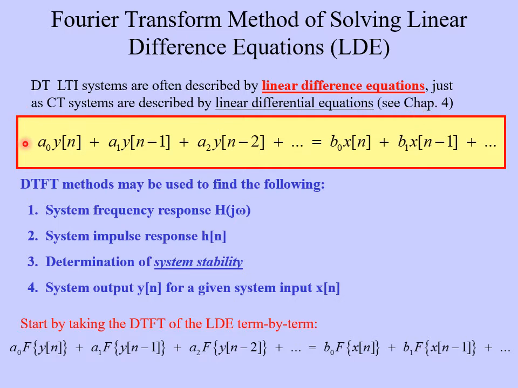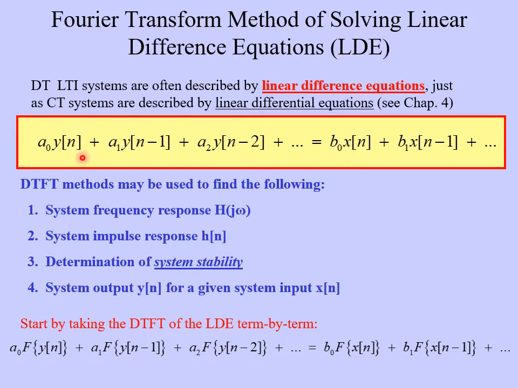So here's an example, a general form of a linear difference equation. We've got all the y terms over here on the left, and on the right side are the x terms. Now remember, the y's are the outputs of the system, and the x terms are the inputs of the system.